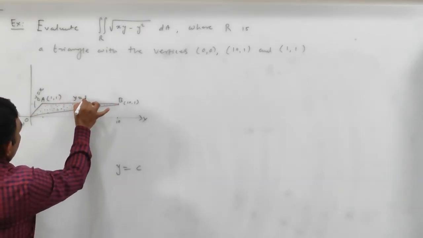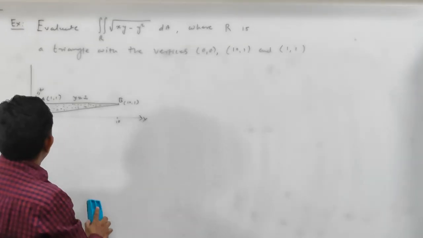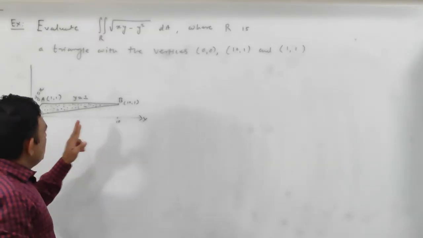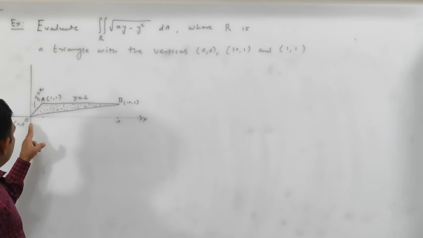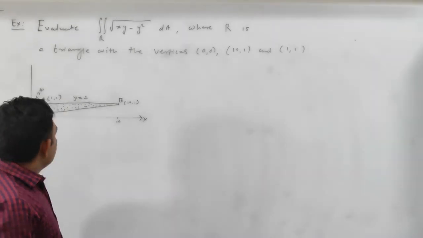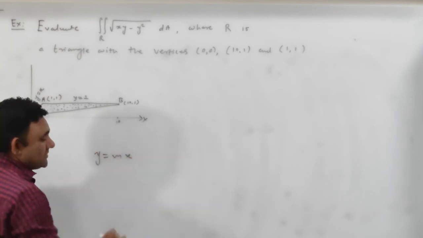Now what will be the equation of OB? It is passing through 0, 0 and 10, 1. It passes through the origin, so the equation is y is equal to mx.